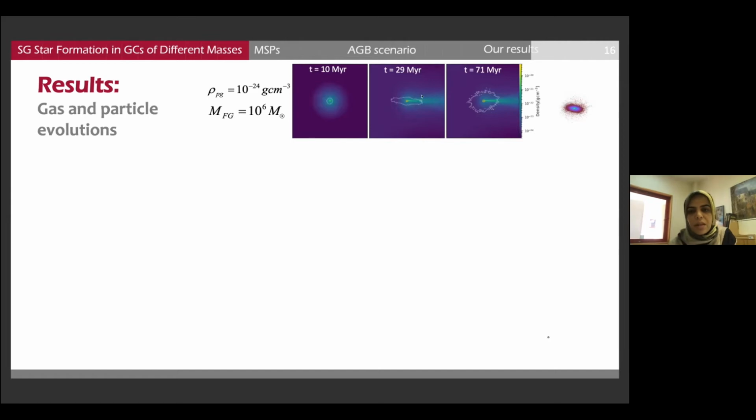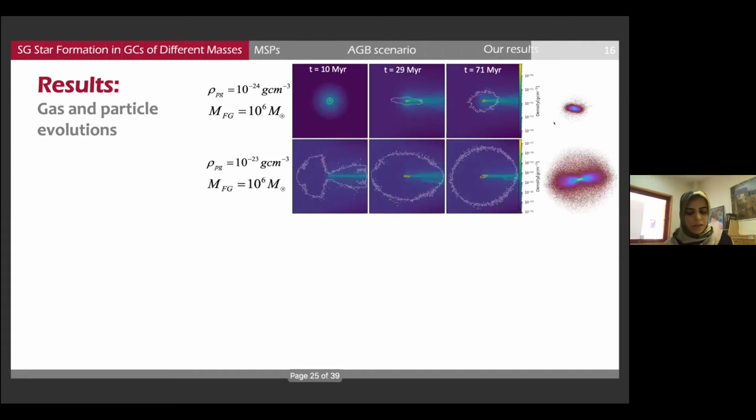We can see a tail behind the cluster, which is because the cluster is moving. And finally, you can see the final second generation cluster. In the 10 times denser medium, the tail is denser, and a more massive cluster and more extended stellar component is formed.